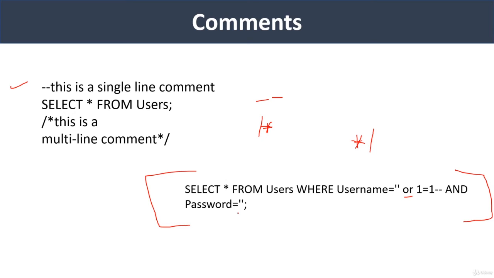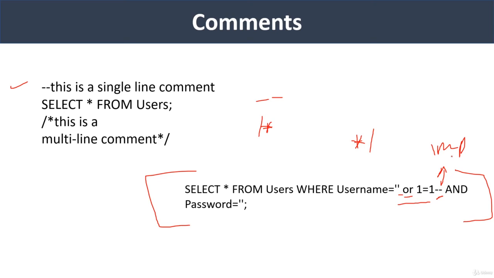This will simply return all the records from the database since it is an empty string OR 1=1, and 1=1 always evaluates as true. The double dashes comment out the password field. That is why comments in SQL are very important.